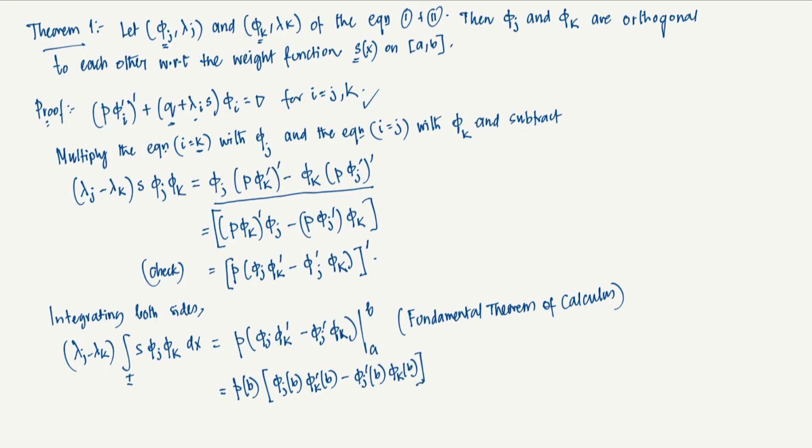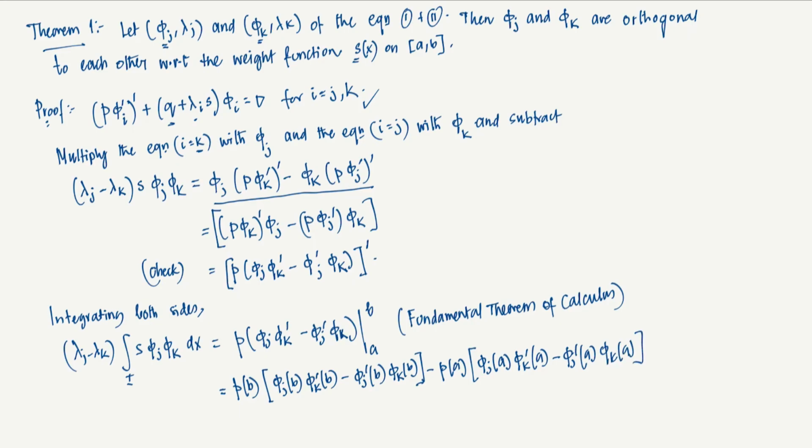Okay, minus p of a. Okay, again the same thing, phi j evaluated at the point a, phi k prime evaluated at the point a, minus phi j prime evaluated at the point a, phi k evaluated at the point a. Okay, I'm just putting together all the boundary terms here.